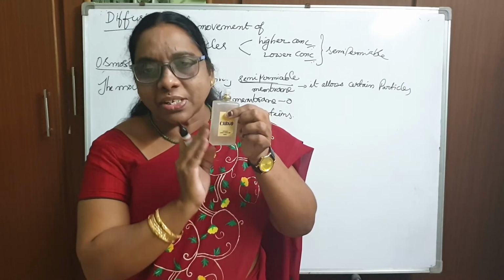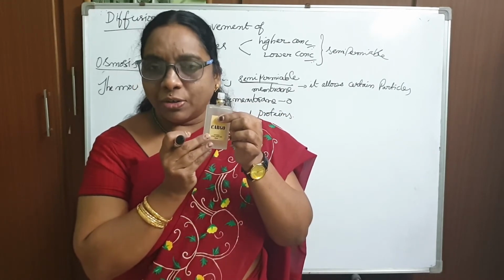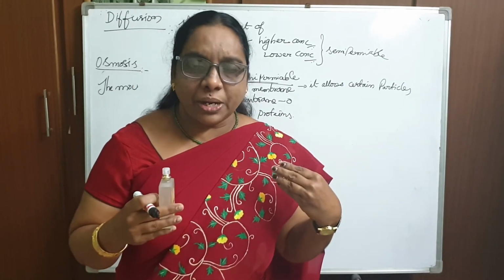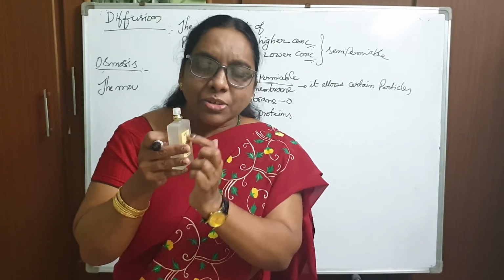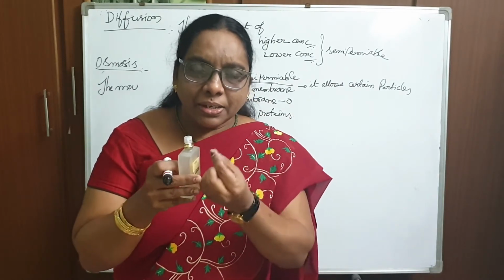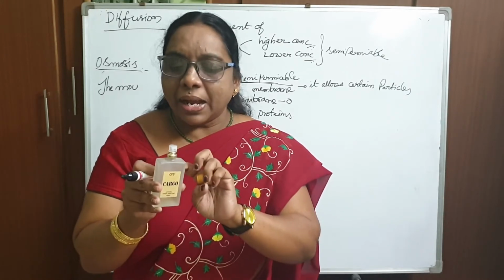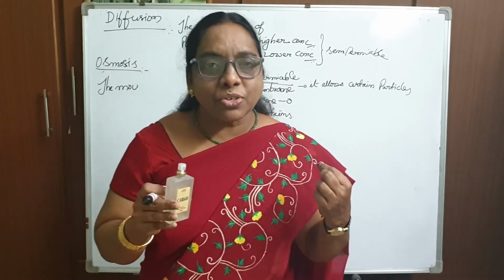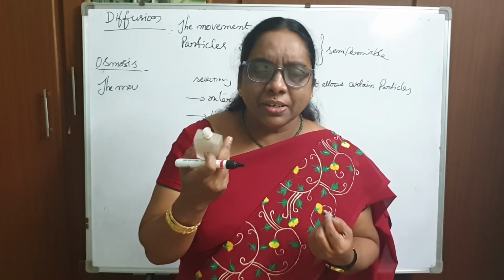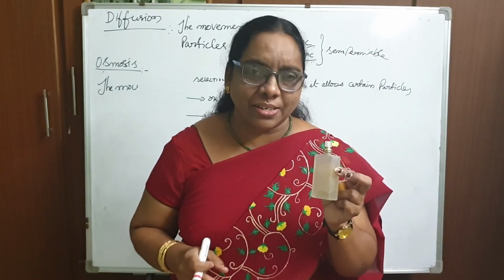The concentration of spray inside the bottle is high, and outside there is no spray. From inside, the spray comes out, from higher concentration to lower concentration. Where is the membrane here? There is no membrane. It is a glass bottle. That's it.